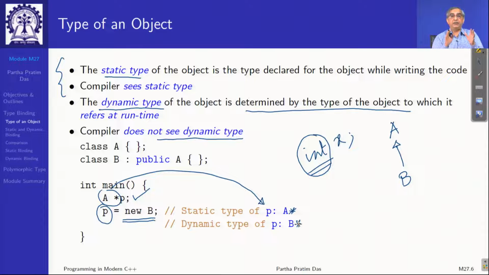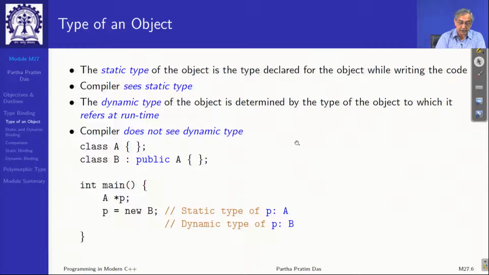So, this is the basic difference: the compiler knew that the static type is pointing to an A type object, whereas in the allocation at the runtime or through assignments and so on, the type of the object that it is actually pointing to is a B type object. So, the runtime type and the compile time type differ, the dynamic type and the static type differ, and that is where a big story of polymorphism in C++ starts.